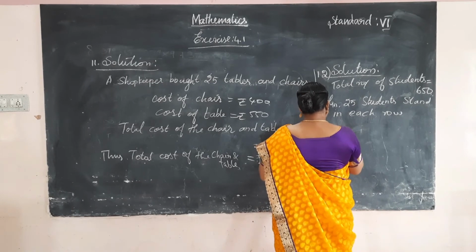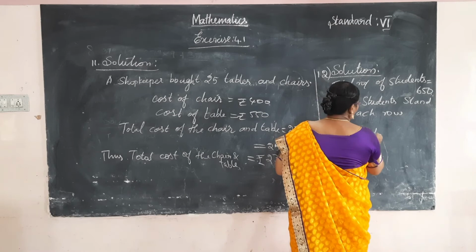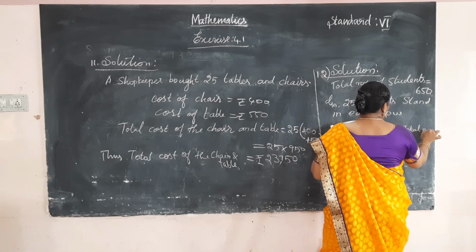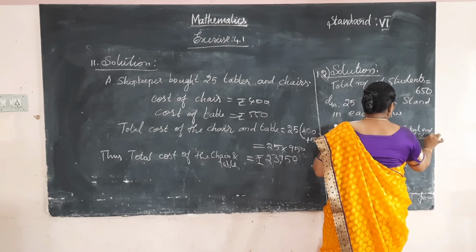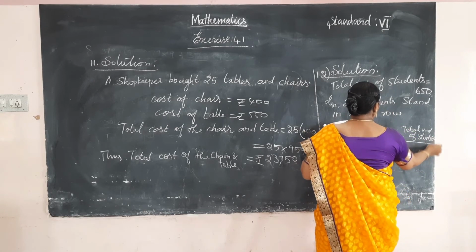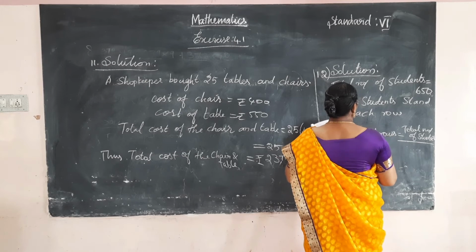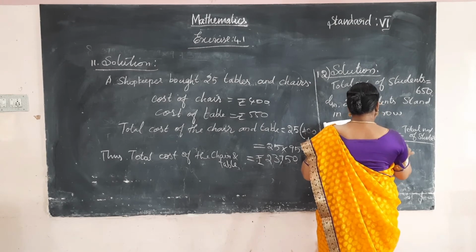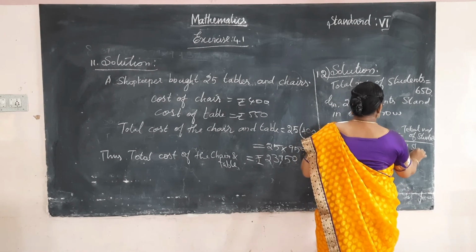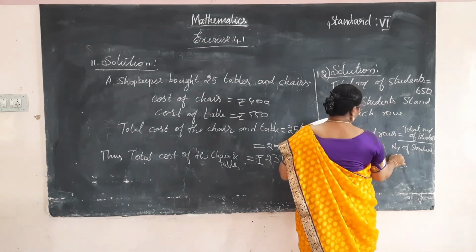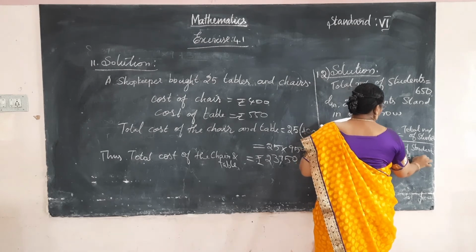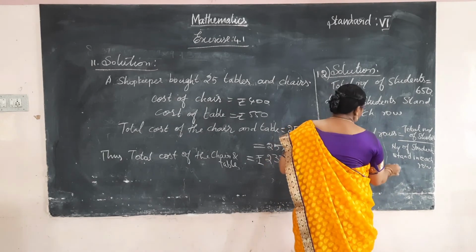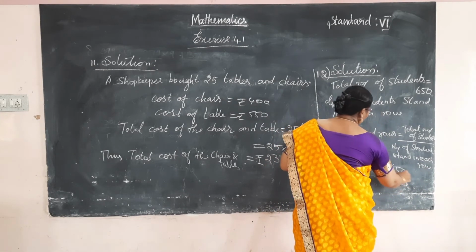Okay, thus number of rows equal to total number of students by number of students standing in each row, so equal to 650 by 25.